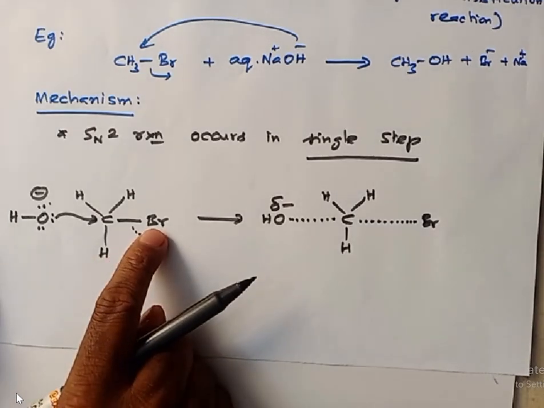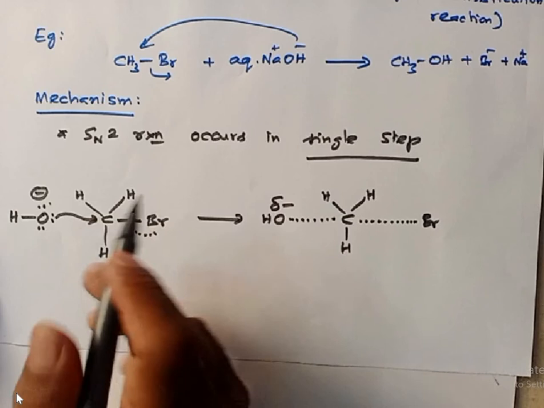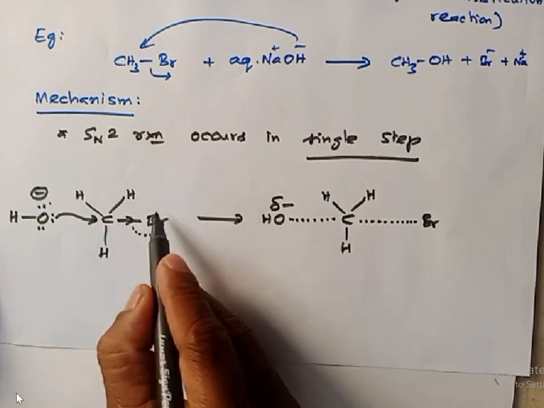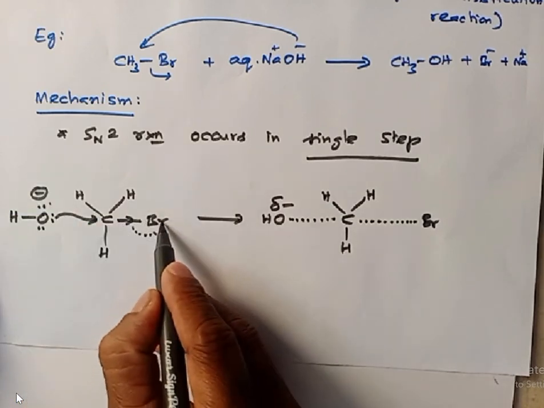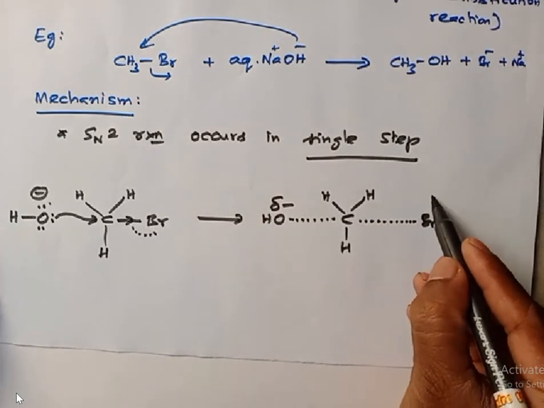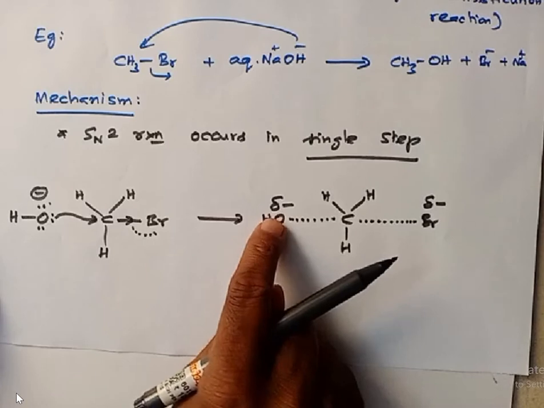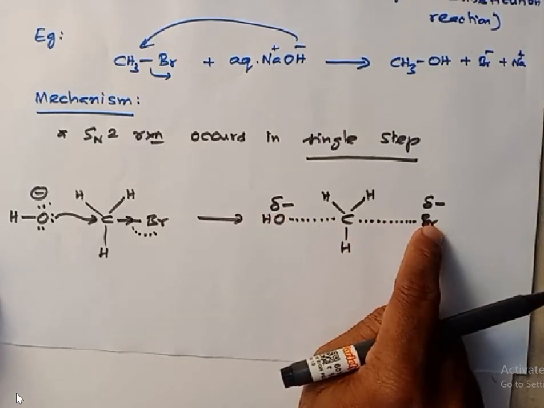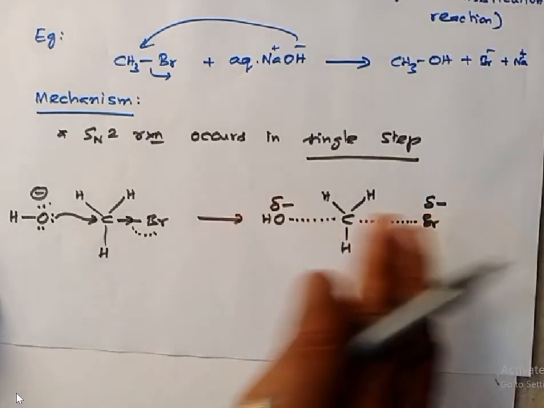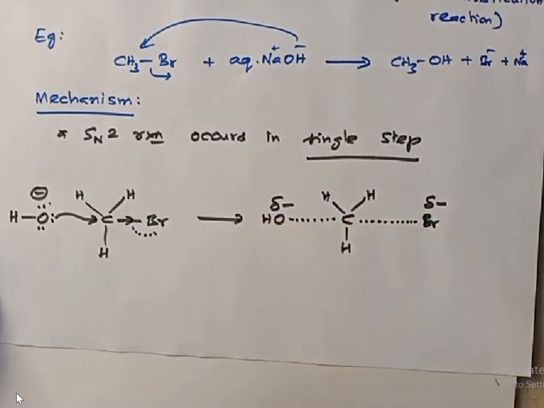Initially the bromine atom is neutral. When it starts to pull the bond pair, electron density on bromine starts to increase, so you'll get a partial negative charge on bromine. Don't put one side negative and the other side positive, students. Keep this in mind. Both are partial negative charges.